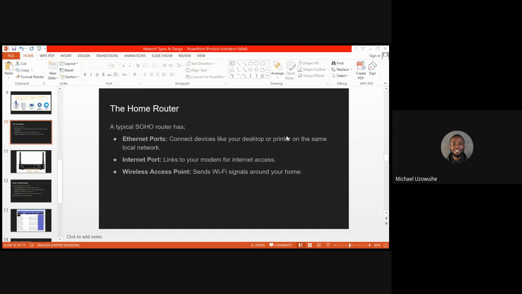Good evening. As you can see, this is part of a sub topic under the general topic that we were doing last time on network types and design. As you can see, we have gone far. By far, I mean we have gone to an extent where we are laying the foundation brick by brick, and we hope we'll get where we are looking for.